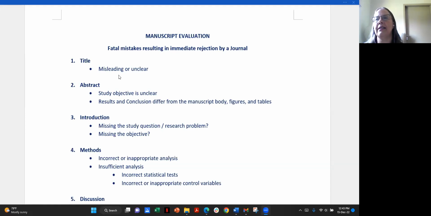Sometimes you might come to a conclusion, but it's not statistically supported. You've used the wrong tests. Another thing that could be wrong with your analysis is that you haven't got any control variables, or the ones that you've used are totally incorrect or inappropriate. And that would lead to having the incorrect results.